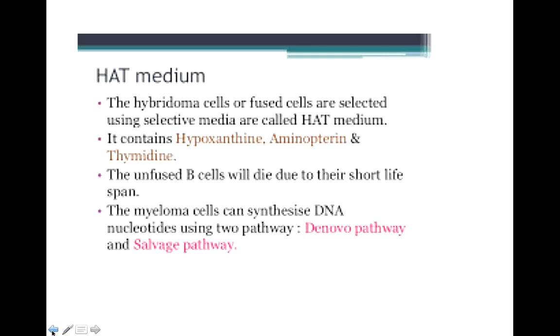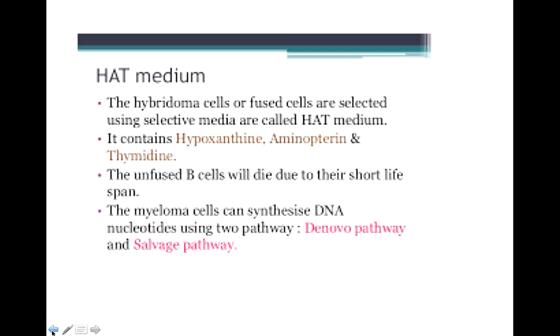A mutation in either of these two enzymes will block the ability to use the salvage pathway. HAT medium contains aminopterin, which blocks the de novo pathway, and it has hypoxanthine and thymidine to allow growth by the salvage pathway.